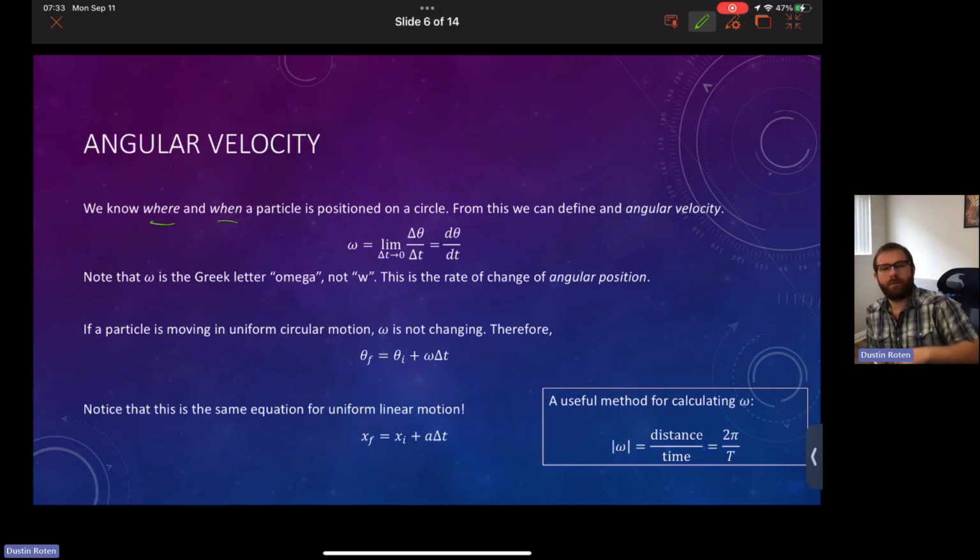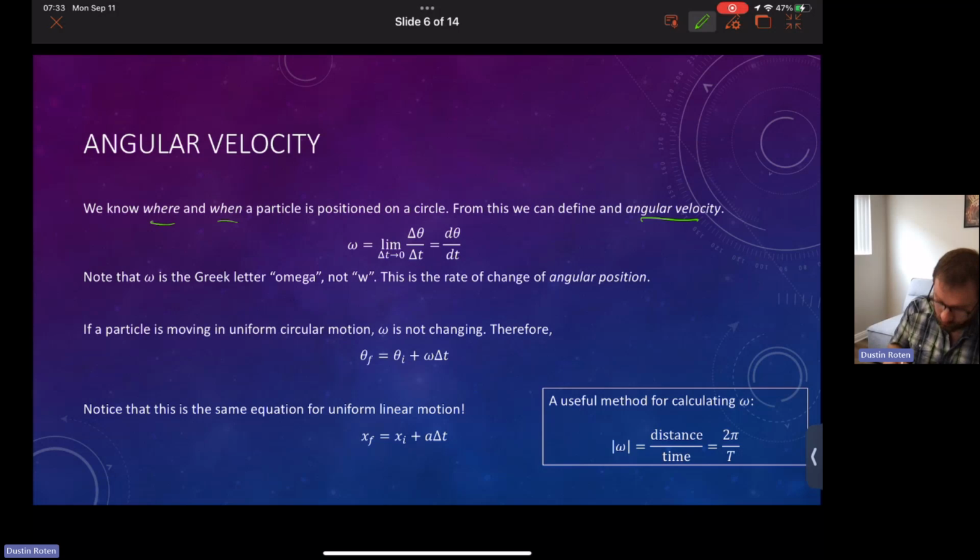We know where and when a particle is positioned on a circle. So from here, we can define an angular velocity. Same thing again. It's going to be that displacement, the final minus the initial theta, how far an angle's been swept out, divided by how long it takes for that to happen.